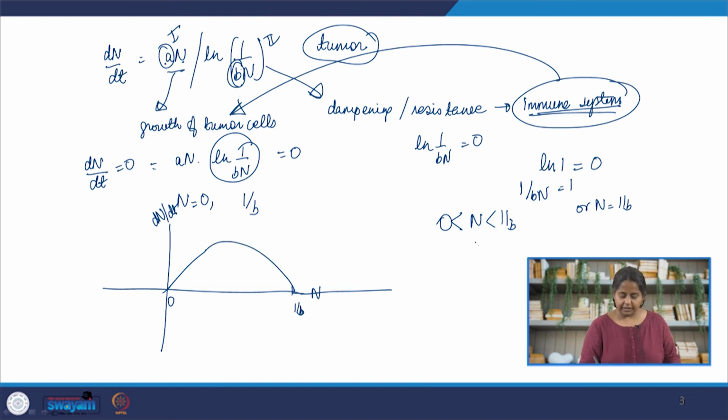Now, what will be the sign of our dn by dt when n is greater than 1 by b? It will be negative, because this whole term will become less than 1. Log of a number between 0 and 1 is negative. So, this is the kind of behavior we will see.